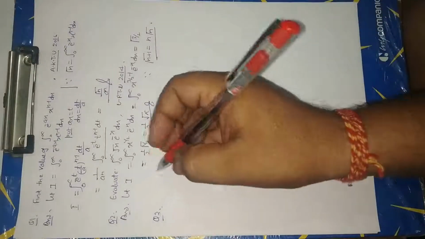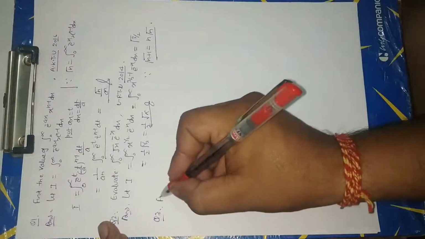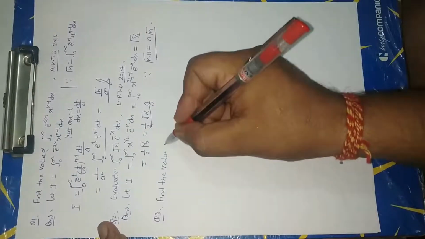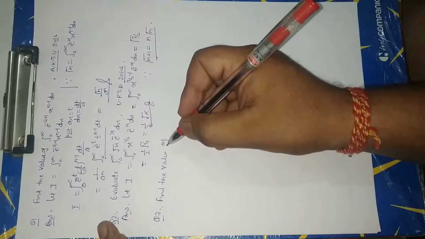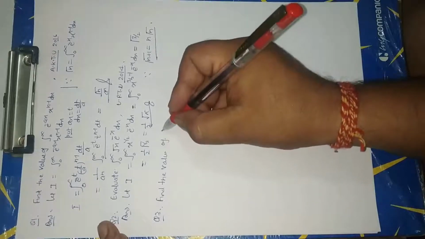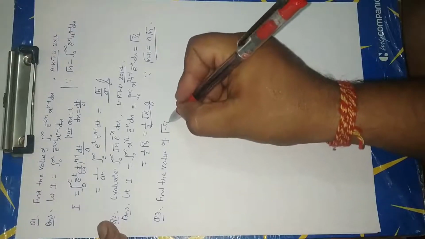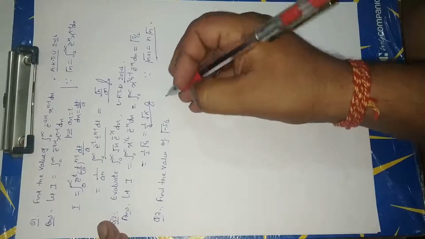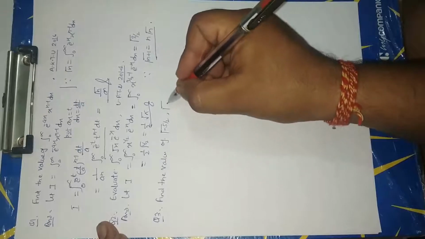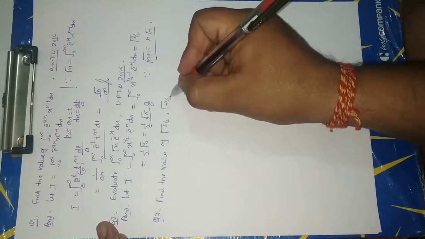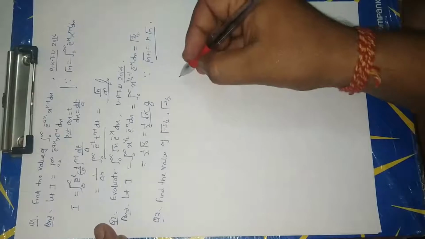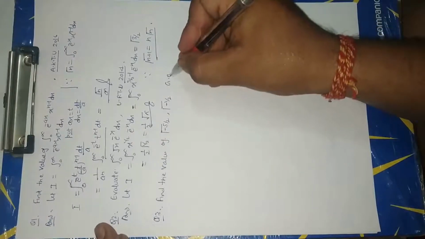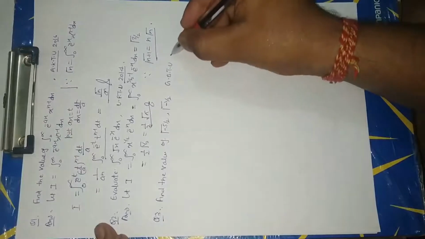Find the value of gamma minus 5 by 2, gamma minus 1 upon 2, which has come in GBTU 2011.